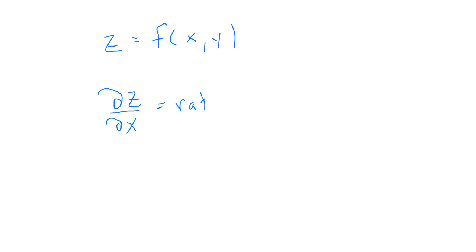So let's say you have z and it's a function of x and y. And you want to do the partial derivative of z with respect to x. Okay. Now this is a rate of change.